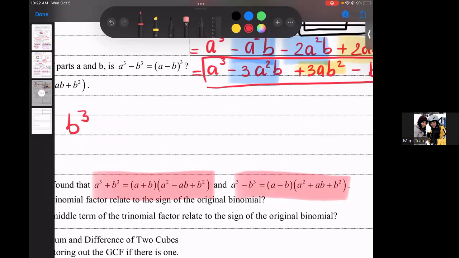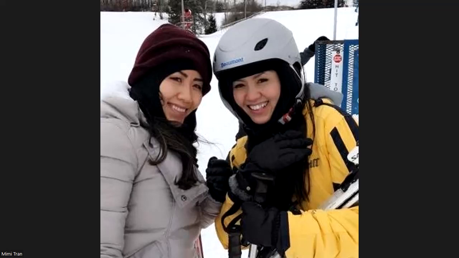I know I'm going to have a binomial and a trinomial. For the binomial, I cover the cubes and get a and b. For the trinomial, a times a is a squared, b times b is b squared, and in the middle, a times b. That's how I remember it.